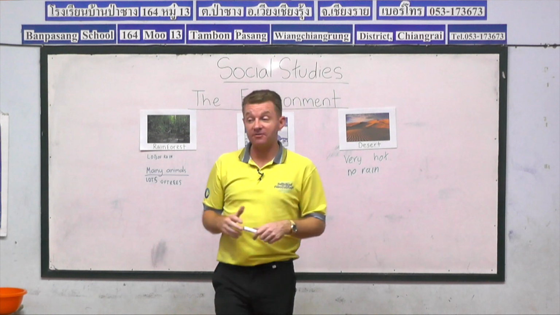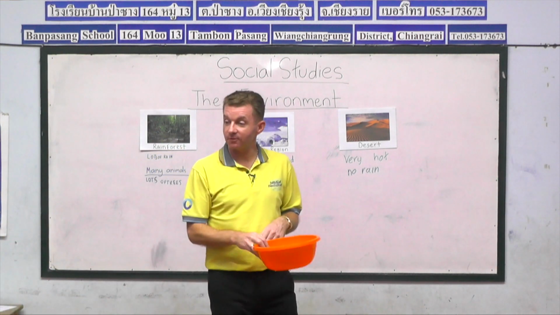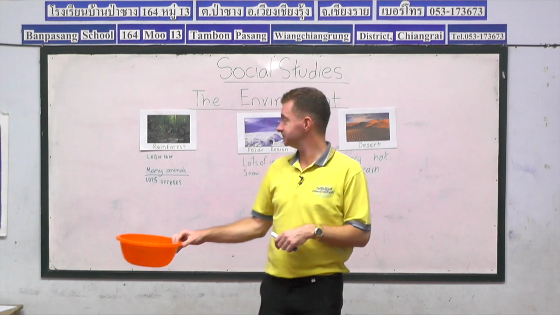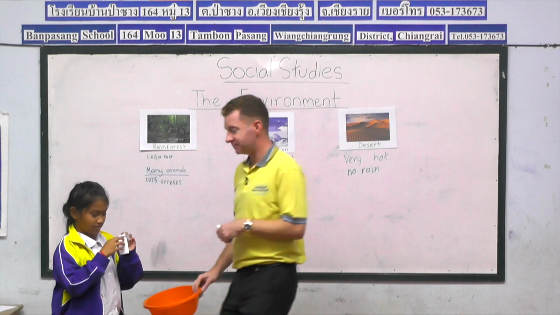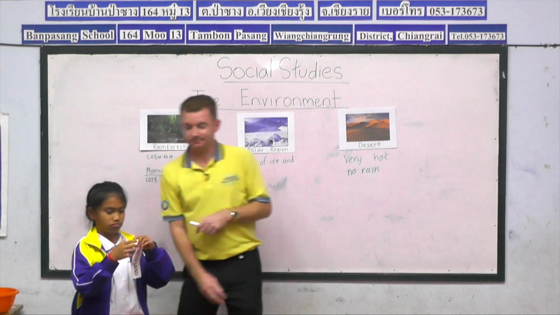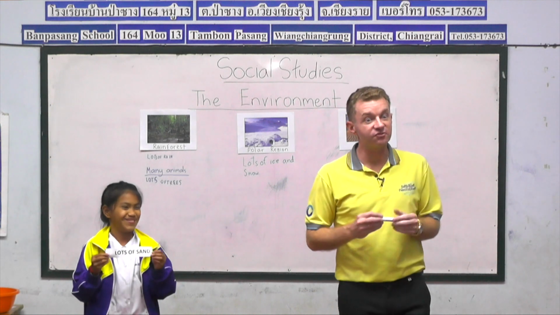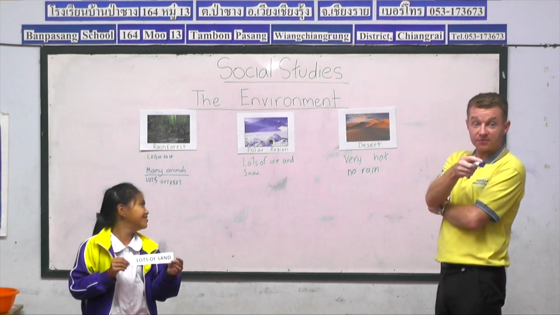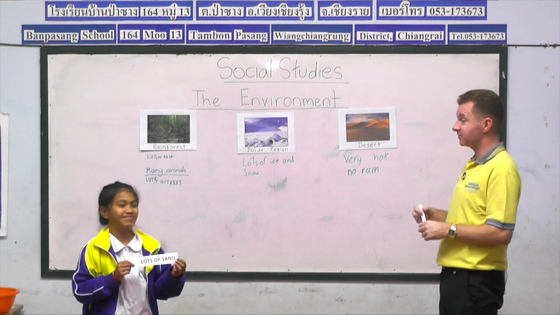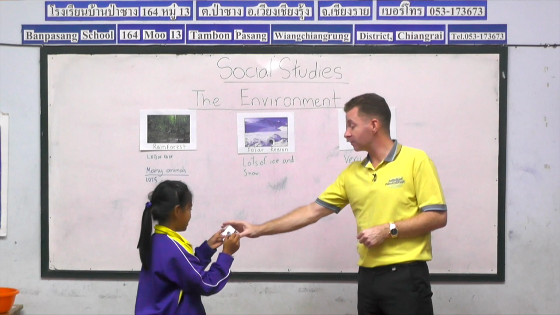Still a couple of flashcards to go. So may I invite Pak Bung to come and join me at the front of class. Show it to your friends, please. Lots of sand. Okay. Lots of sand at the desert. So Pak Bung, can you write the correct vocabulary under the correct position?